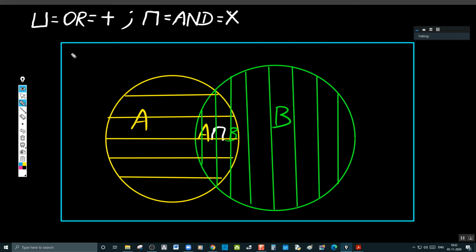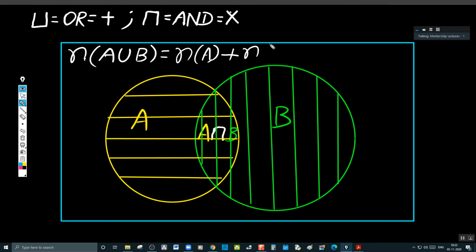A union B. This you will get as a formula. N of A union B is nothing but N of A, the number of elements of A, plus N of B, the number of elements of set B. If I write like this, in N of A this intersection part will be there, and in N of B also this intersection part will be there.